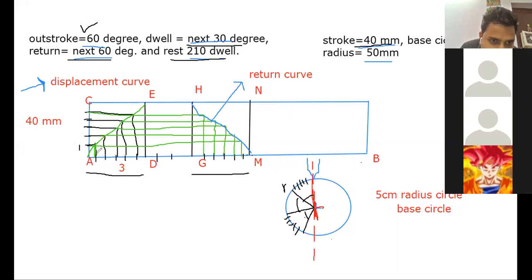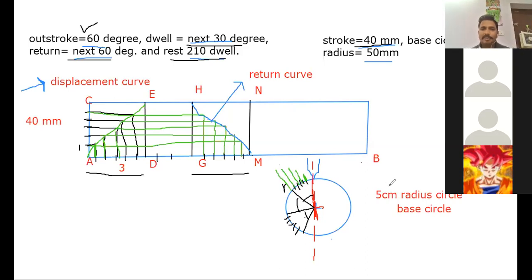I would measure this line and draw it on the first point. Now the second line is bigger than the first line. So this also I would measure and draw from the second division. Third line, I would measure and draw with the third division. Similarly, I would trace all the points, fifth line, and finally the sixth line.